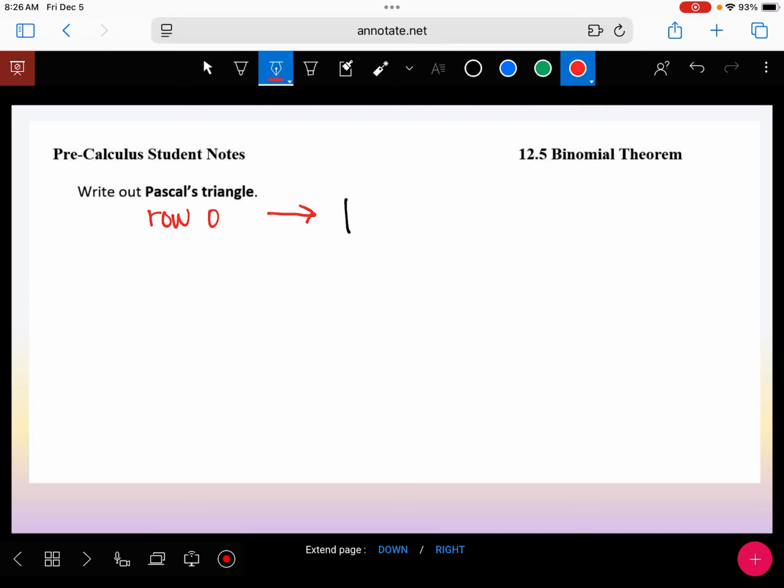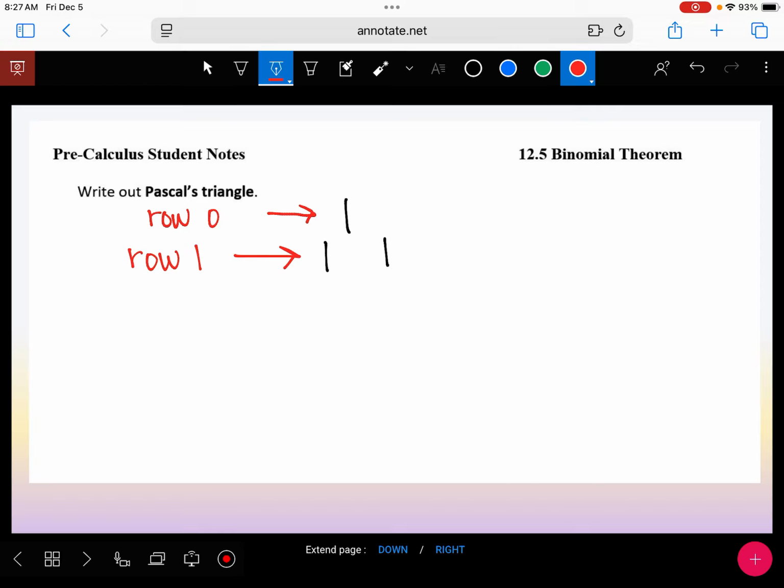Then the second row is 1, 1. Now that is actually row 1. We call this one row 1. Now in this triangle, you always start the row with 1 and you end it with 1.